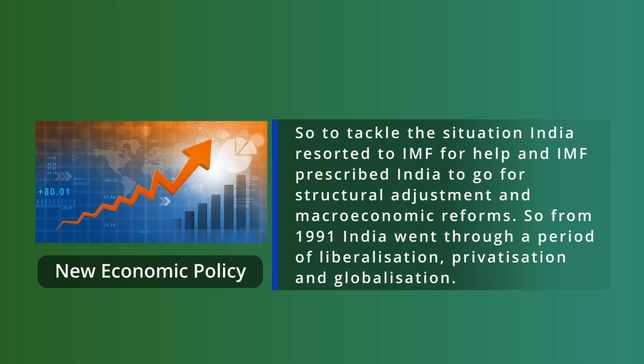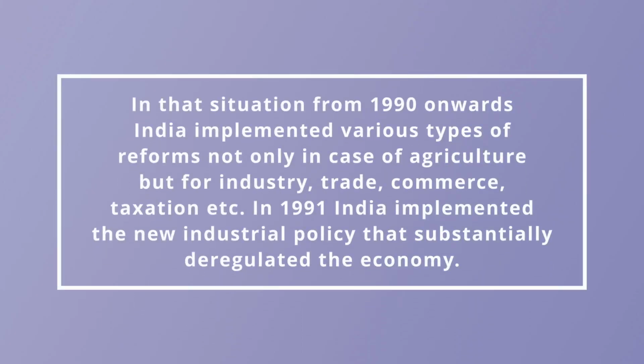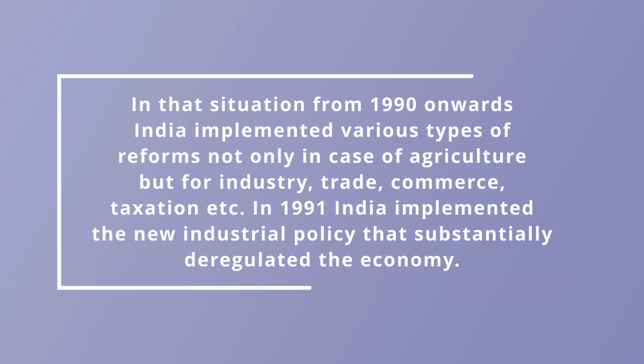So from 1991 onwards, India went through a phase of liberalization, privatization, and globalization. From 1990 onwards, India implemented various reforms, not only in agriculture and industry but also in trade, commerce, taxation, etc. In 1991, India implemented the new industrial policy that substantially deregulated the economy.